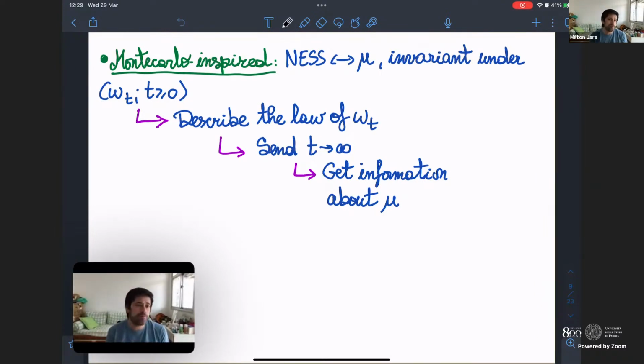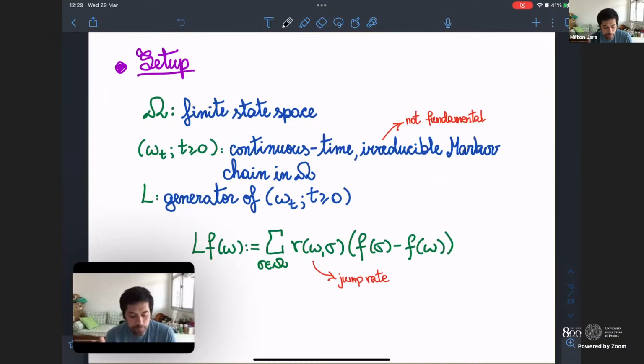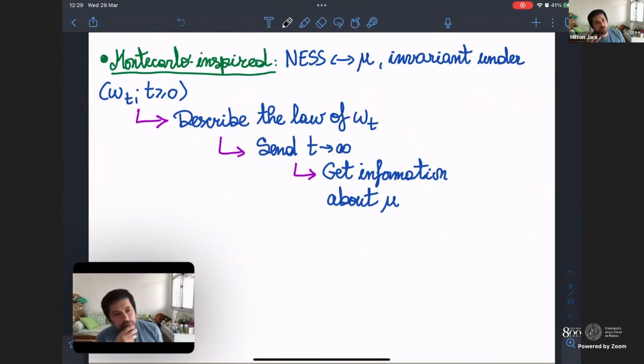And that means that you want to send it to infinity somehow. That points to another thing: we want to design methods which are quantitative for the analysis of Markov chains.